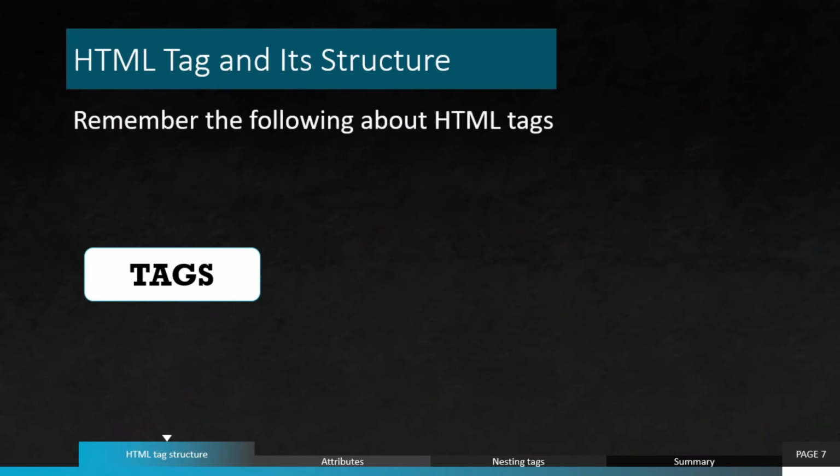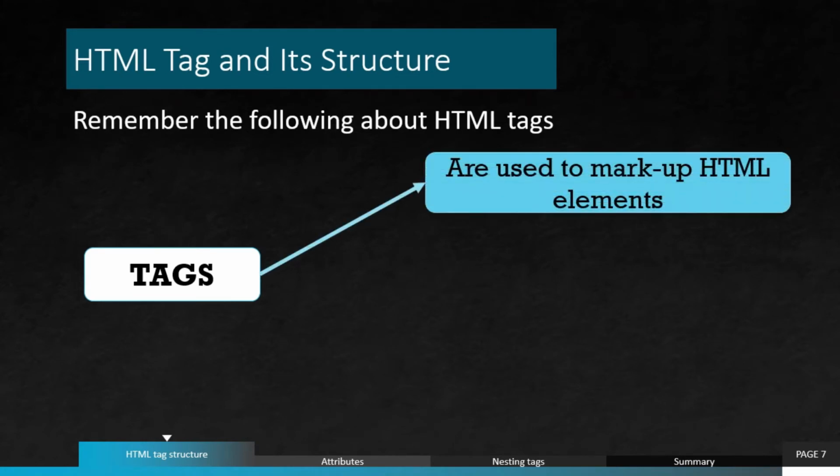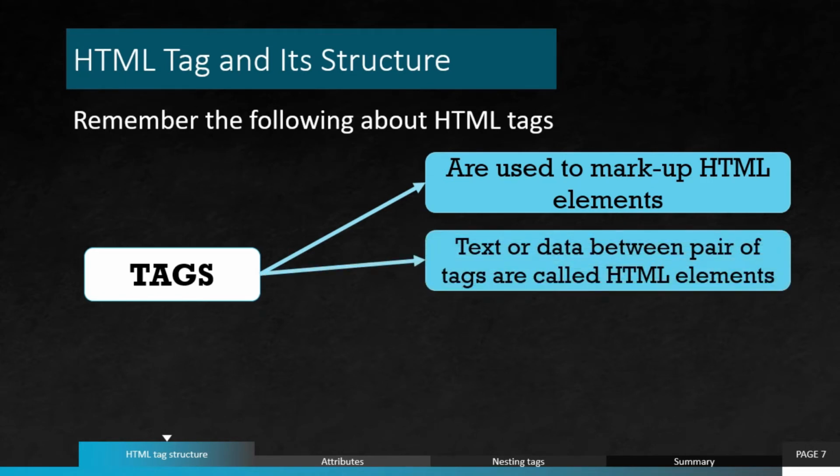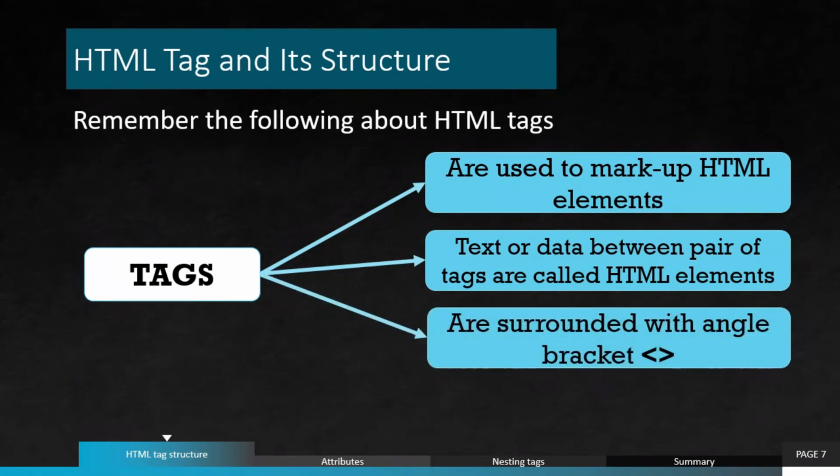So remember the following about the HTML tags. As we go along, you would be dealing with different types of tags, but you have to remember the following. They are used to mark up HTML elements, the content that is displayed on our web page. Ang pinangmamarkup natin are the tags. Text or data between the pair are called HTML elements or the content.